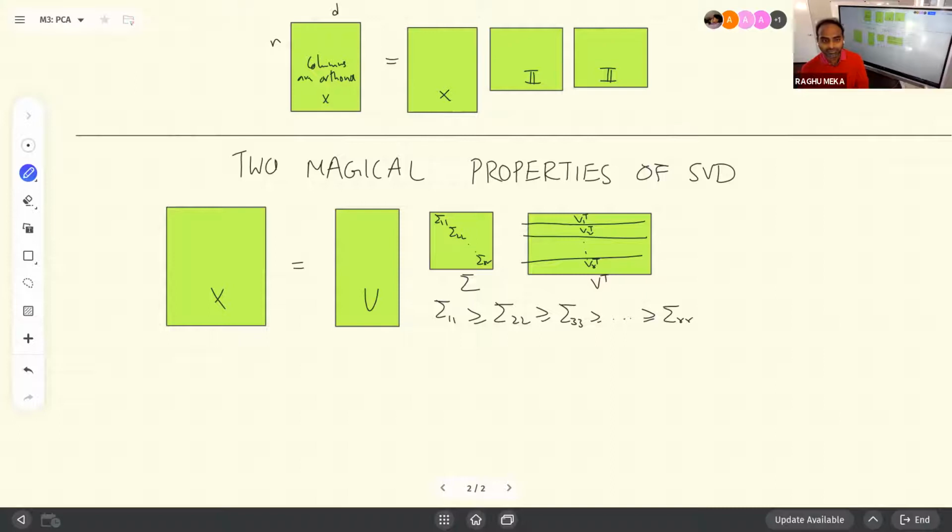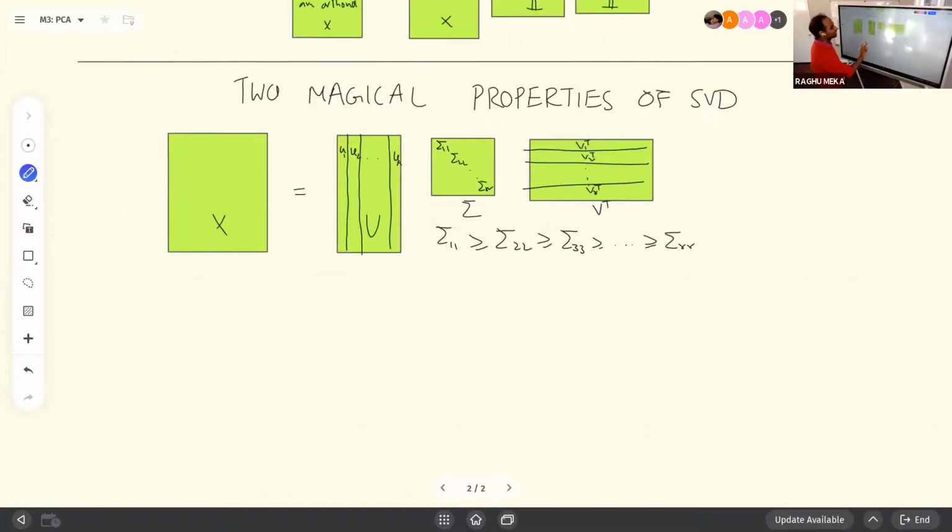I'm ordering the sigmas in this way, and the columns of U I'm going to call U1, U2 up to UR. Okay, so far all of this is pretty simple.